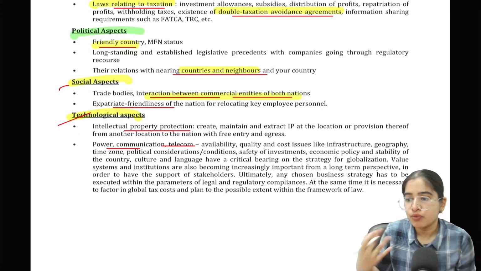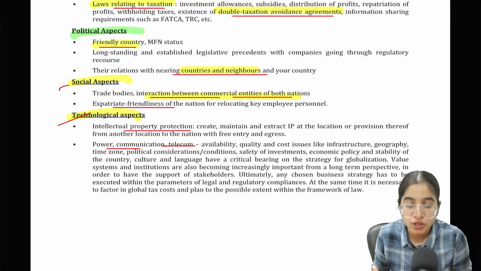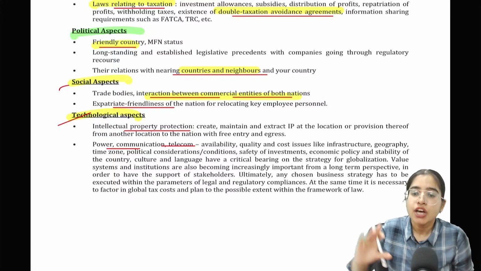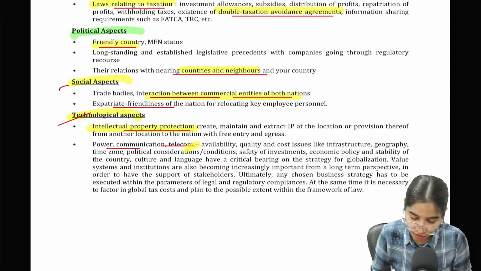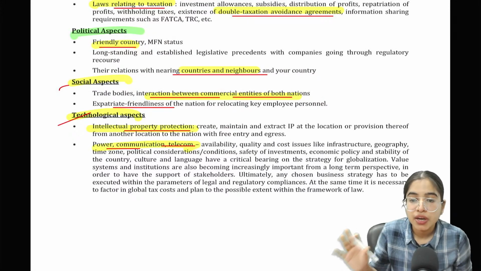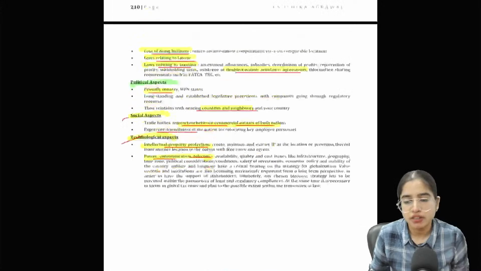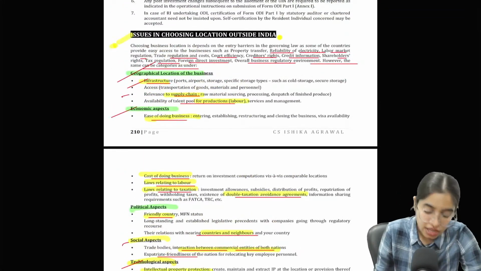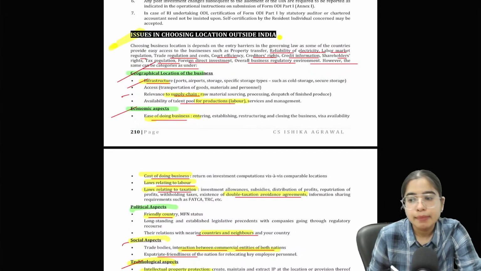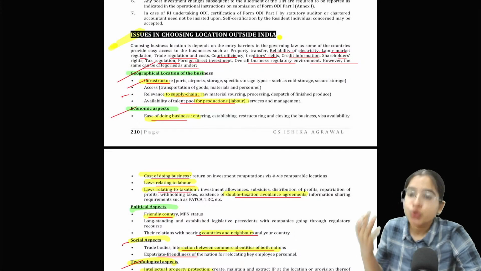If we are planning to make investment in technology, then we should prefer Japan. You will see which country has good IP protection, which country has proper communication technology. So all these aspects you will check before making investment outside India. These are the factors which you should check while choosing the location.